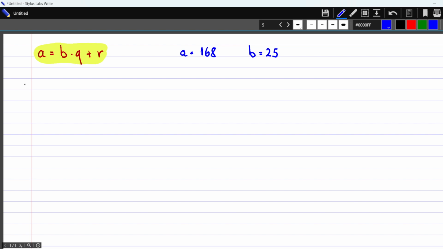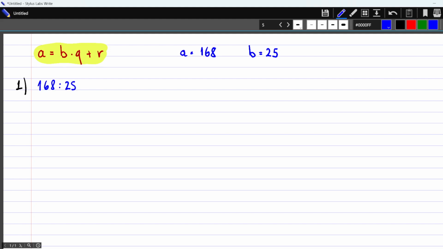Step 1. We'll do the division in the calculator: 168 divided by 25.